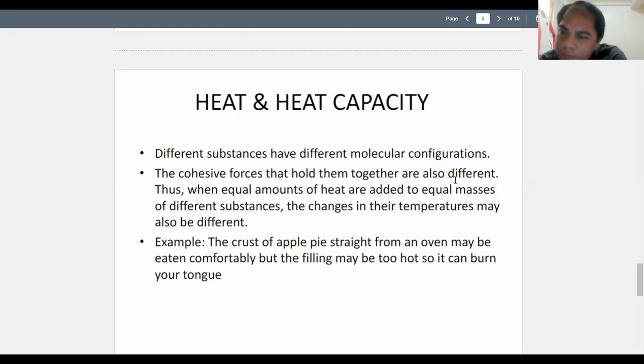Those things that are in the apple pie, probably you could not eat up. So the crust, the outside portion, you may probably get a bite of it. But once you enter into the filling, the one that is inside, you'll notice that your tongue could not contain the heat anymore.